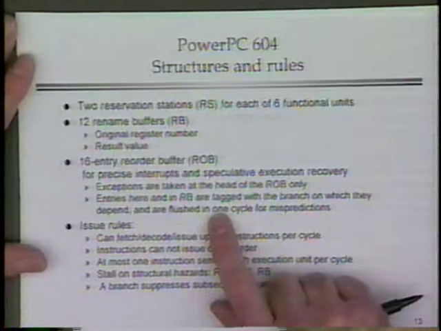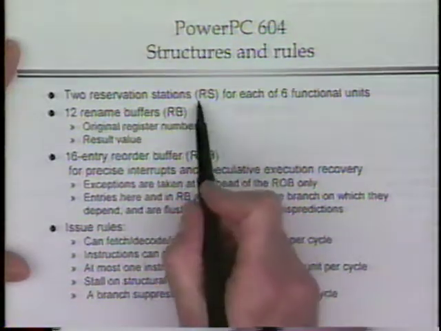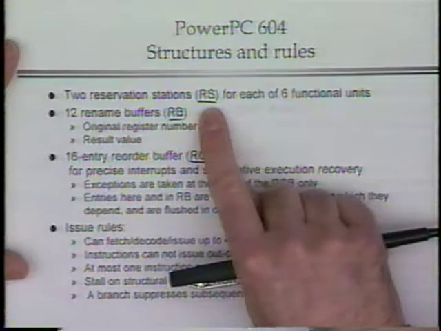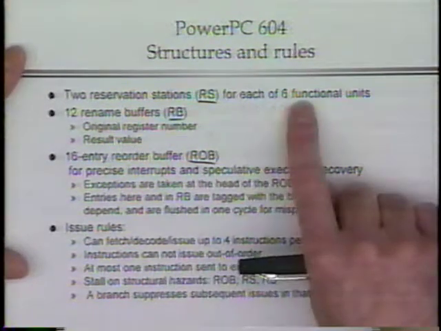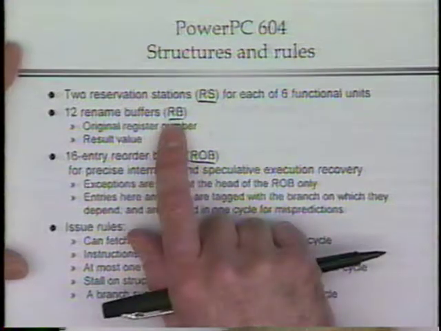Now, what are the structures that this machine has to do all of the fancy things like register renaming and speculative execution, or recovery from speculative execution? Well, there are basically 3 different data structures. There are the reservation stations, and there are 2 of them, roughly, for each of 6 functional units. In addition, it has rename buffers.